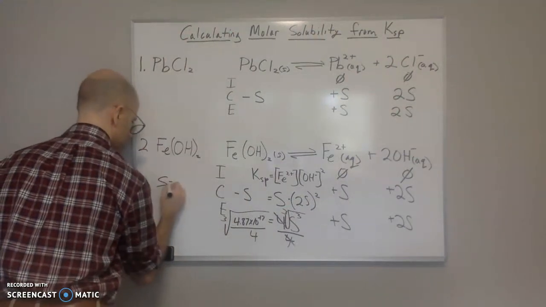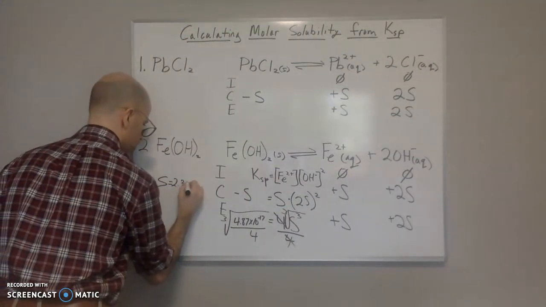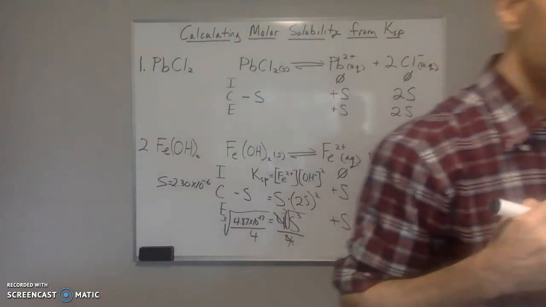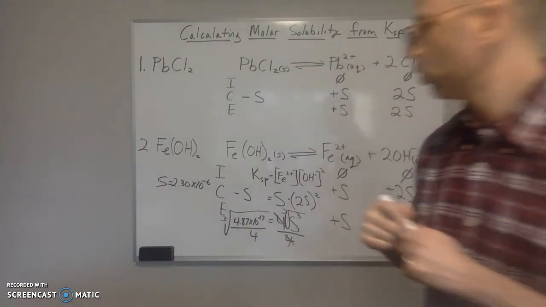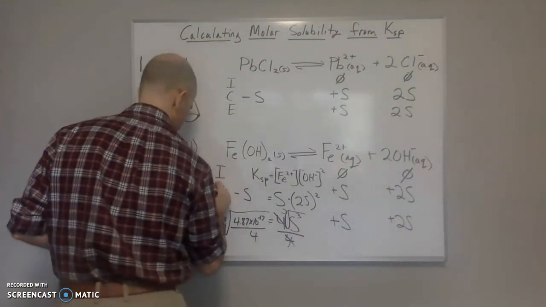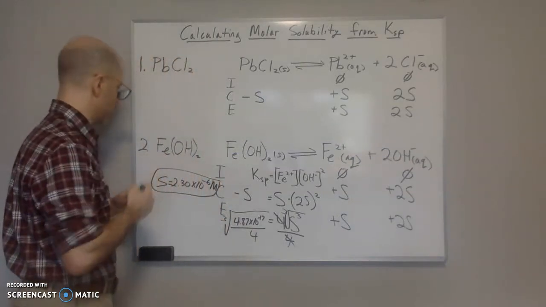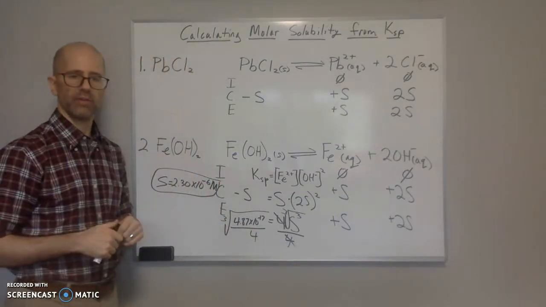So s is equal to 2.30 times 10 to the negative 6 molar. So this is the molar solubility of your iron 2 hydroxide.